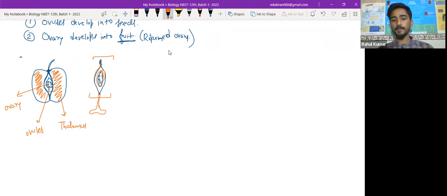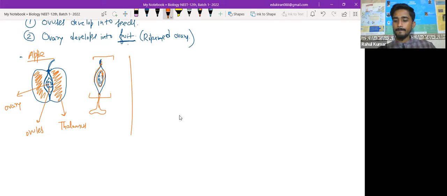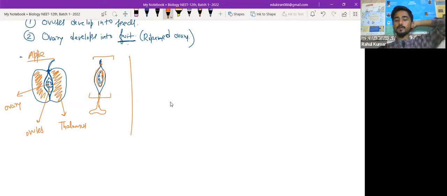Whereas in a papaya, let's say, is papaya a true fruit or a false fruit? Give examples of some true fruits. Any fruit which is a true fruit?